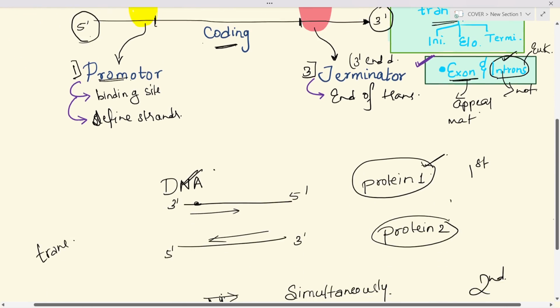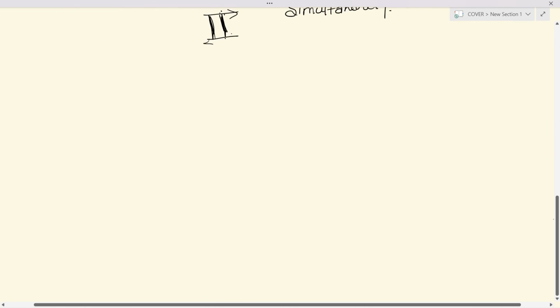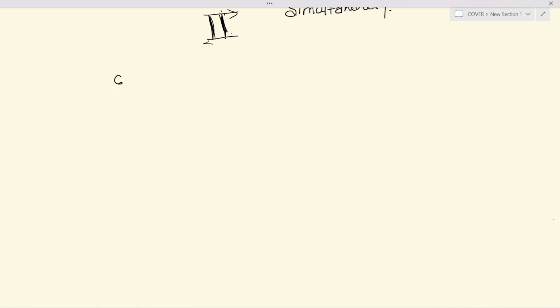But in eukaryotes there is a hindrance, and how will we remove this hindrance? See, first of all we'll see the eukaryotic and prokaryotic transcription difference. Prokaryotes, we know, do not have a well-defined nucleus.